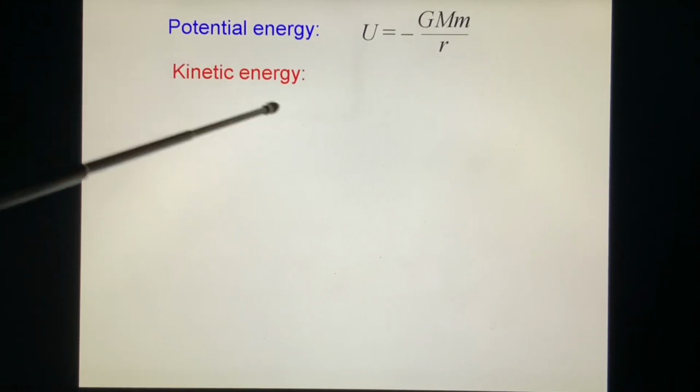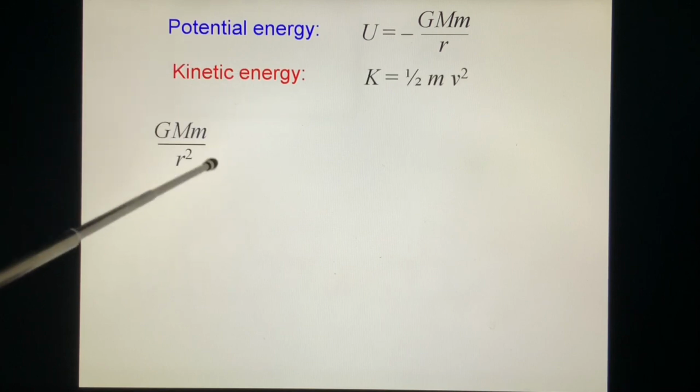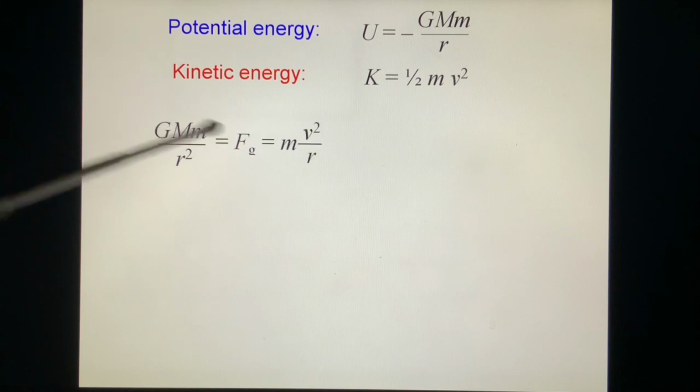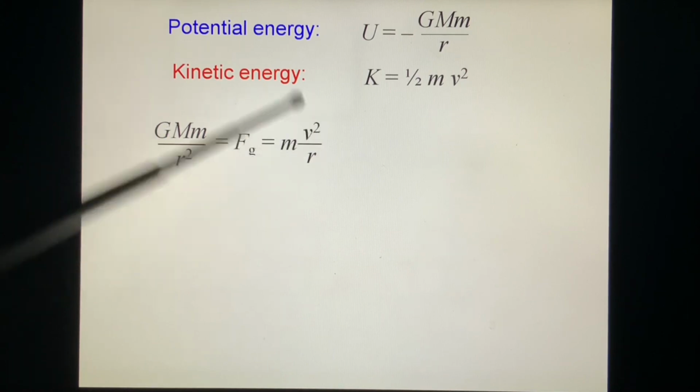Look at the potential energy. Look at the kinetic energy, right? And we know that in circular motion, the gravitational force equals the centripetal force, mv squared over r.